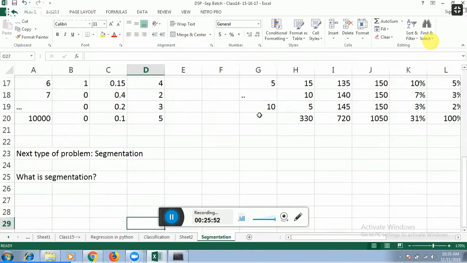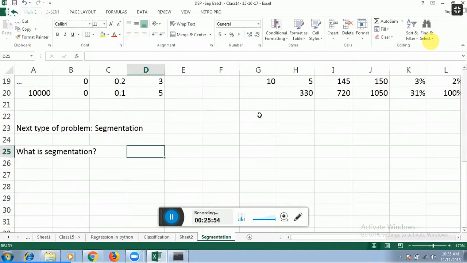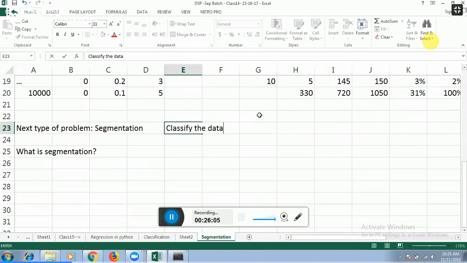If you remember, in a segmentation problem we don't know how many groups you want to form. So classify the data into n number of groups based on similarity.